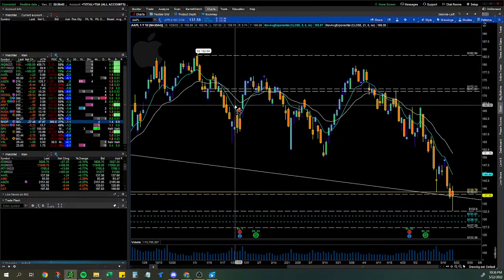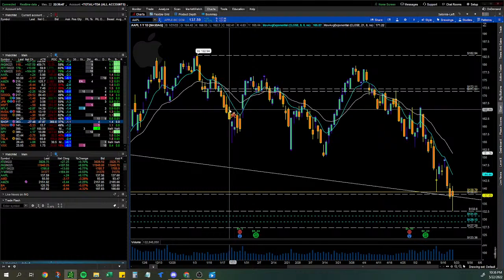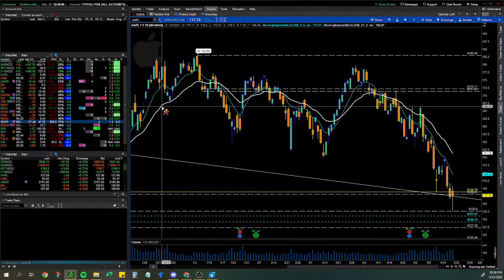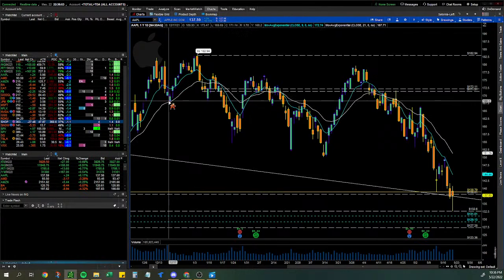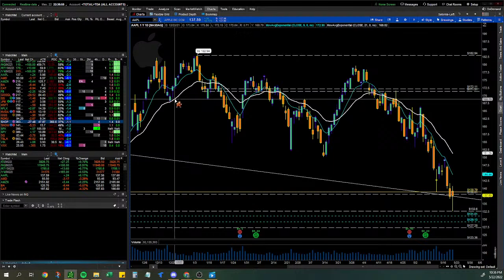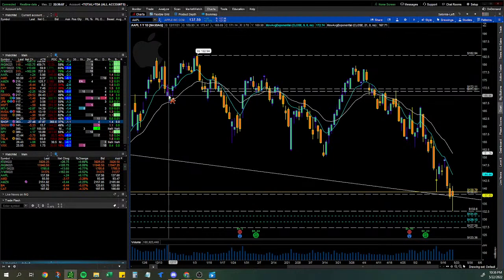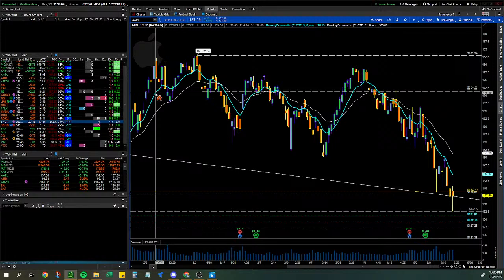One of the key things that we track in our system are moving averages. In my system, the white moving average is the daily 21, what we kind of refer to as the daily mean. Normally the blue or cyan line is the daily 8. For these purposes, I'm actually going to just go with the 9 exponential moving average.